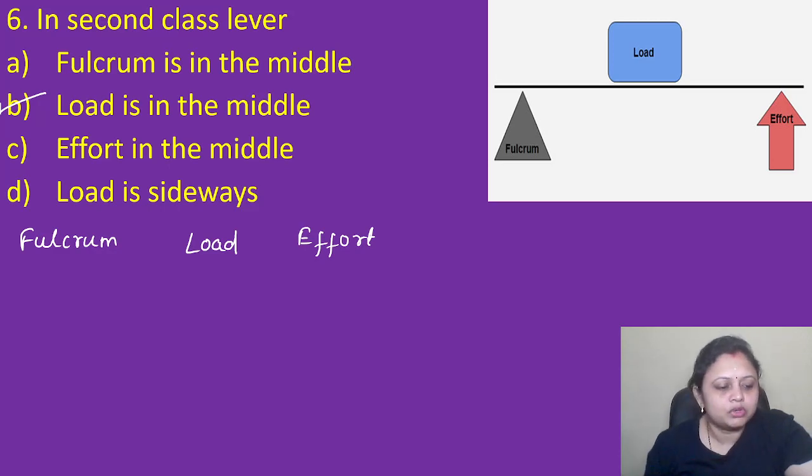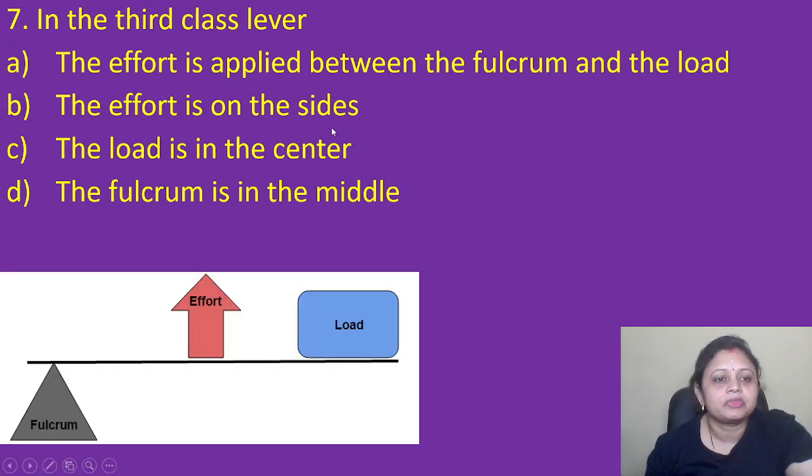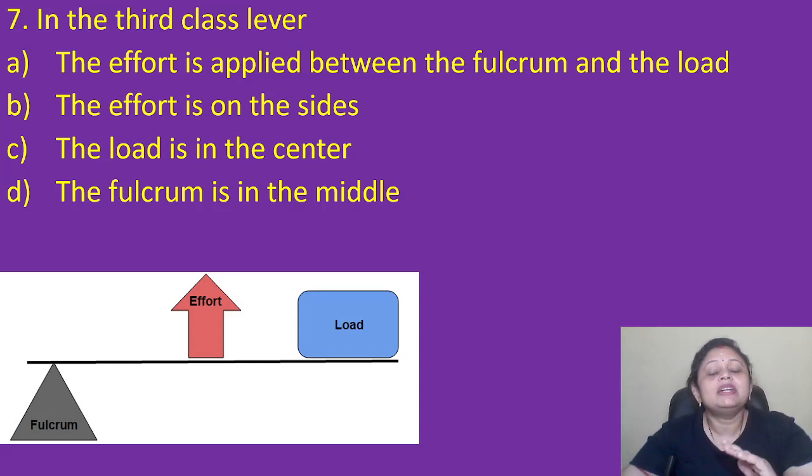Okay, coming to the next question. In the third class lever, option A, the effort is applied between the fulcrum and the load. B, the effort is on the sides. C, the load is in the center. D, the fulcrum is in the middle. So what happens in case of third class lever? Effort is always in the middle.